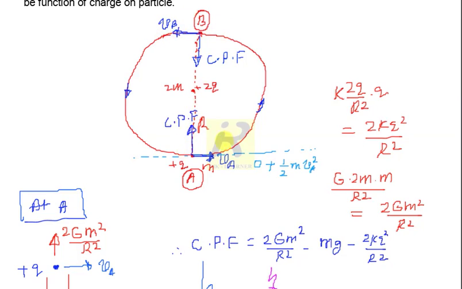Now when the particle comes here after making half a revolution, I can write the potential energy with respect to position A as mgh, where h is the height above which it is now. That is r and r, so 2r. This is the gravitational term, plus half mvB², the kinetic energy.